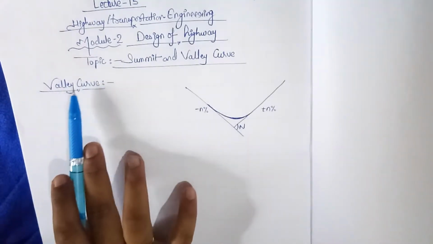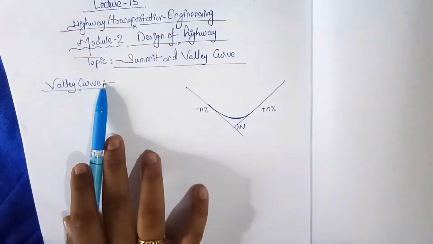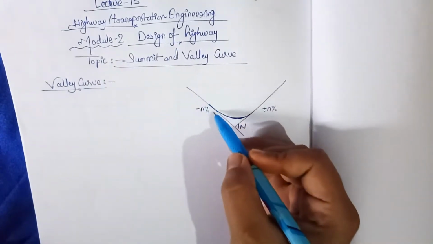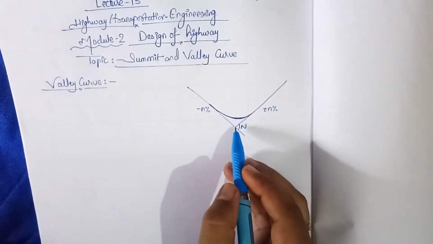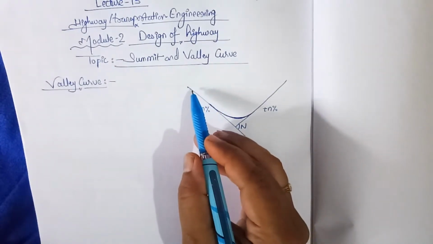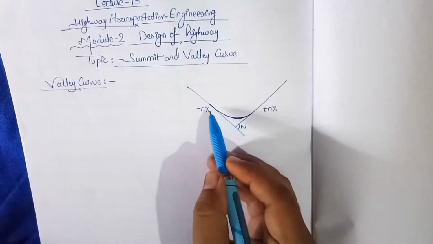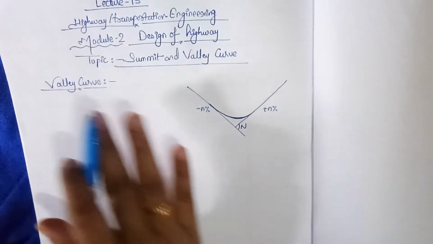Okay, so we will first understand what is the valley curve. Valley curve is that curve which has a concavity upward and a convexity downward. Okay, so the curve which is having a concavity upward and the convexity downward is known as the valley curve.